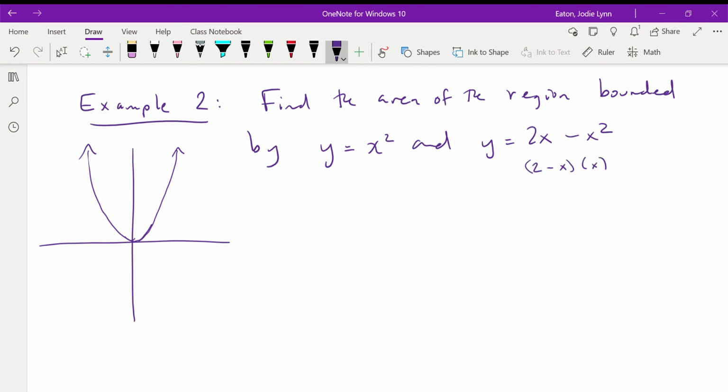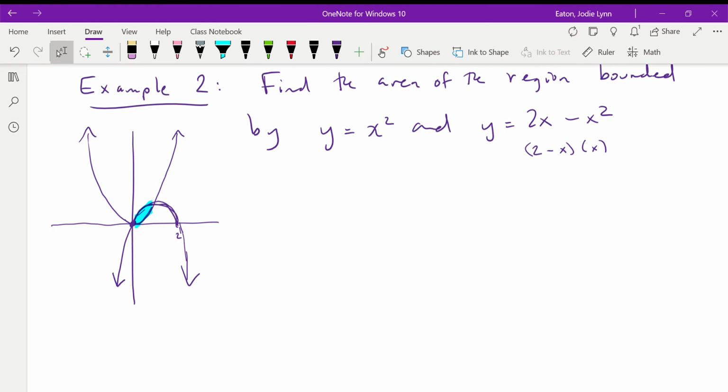So I have a root at x equals 2, and I have a root at x equals 0. So that's a downward opening parabola because it is a negative x squared. So I'm looking for the region right in here.